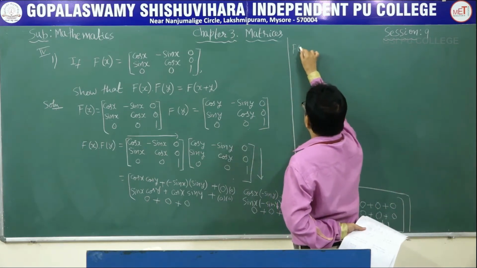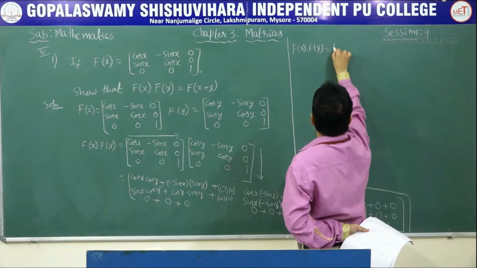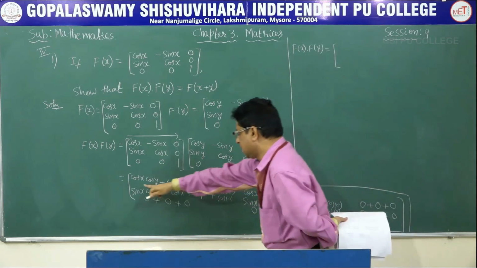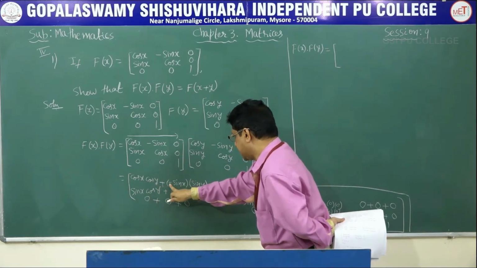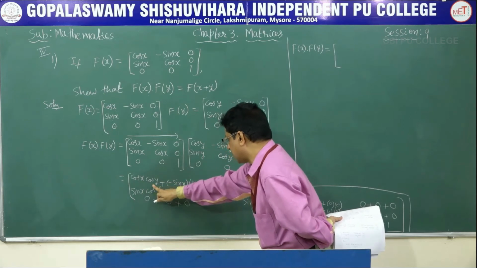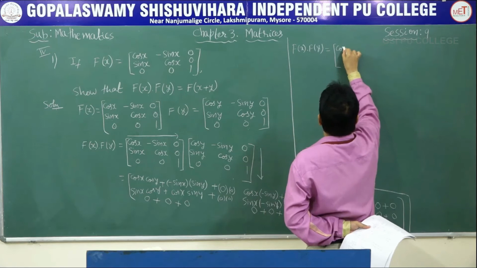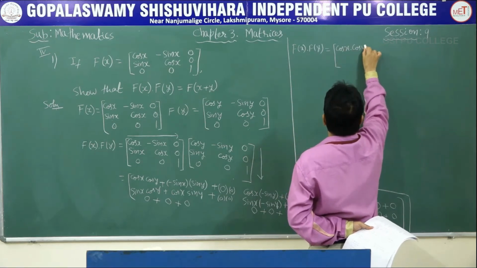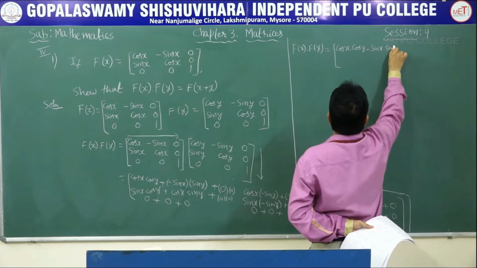So now f of x into f of y will be equal to cos x into cos y plus into minus, so cos x into cos y minus sin x into sin y.